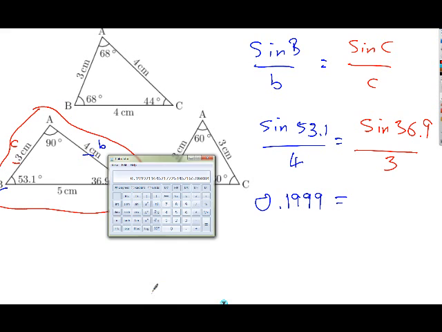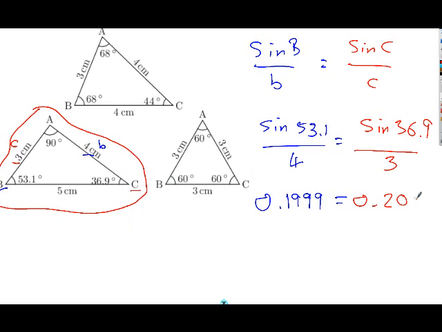Now let's do the same thing with angle C. 36.9, take the sine of that angle, now divided by 3. 0.2001. So those two numbers are very close to each other, almost exactly the same. Any error that's crept in is because that number there and that number there have been rounded.